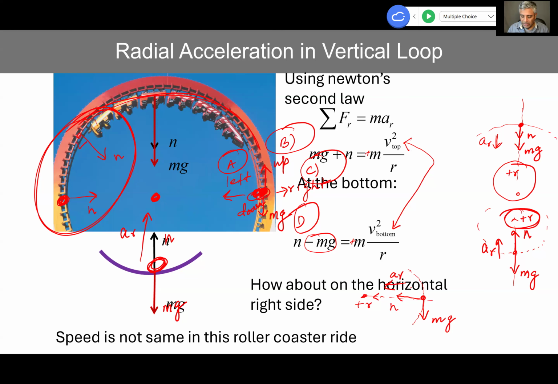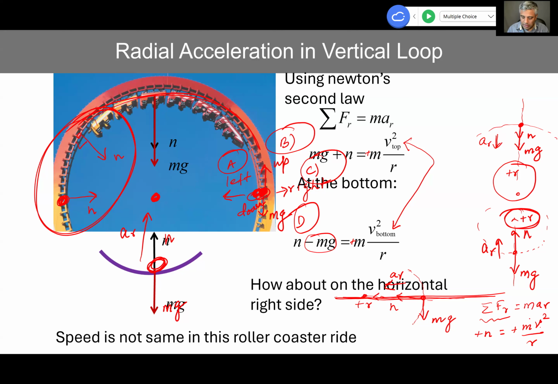So that means we can now use the equation in the radial direction. And for the sum of the forces, how many forces are there in the radial direction? Only one. So that means it's going to be positive n is equal to positive mv squared over r.